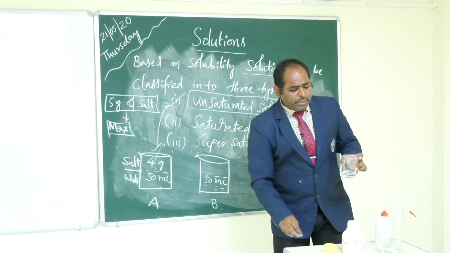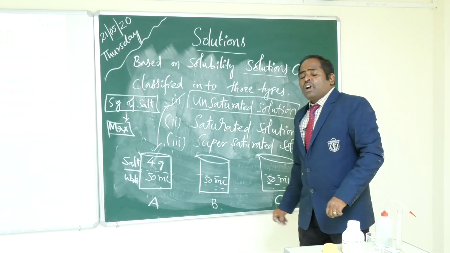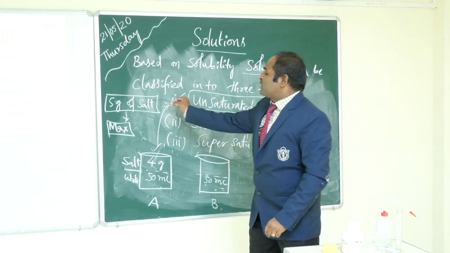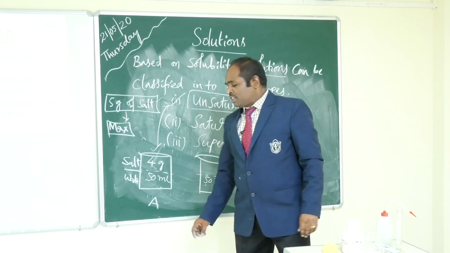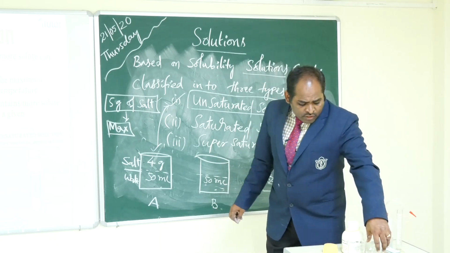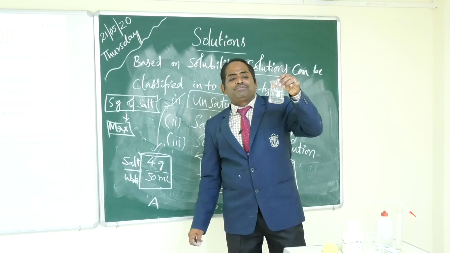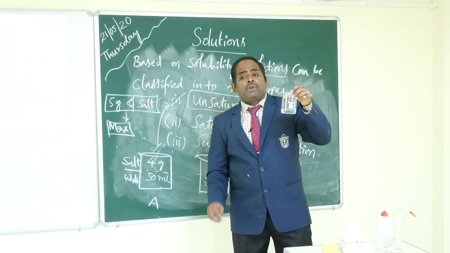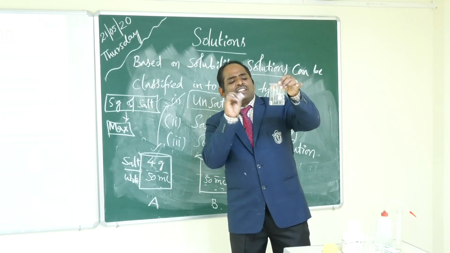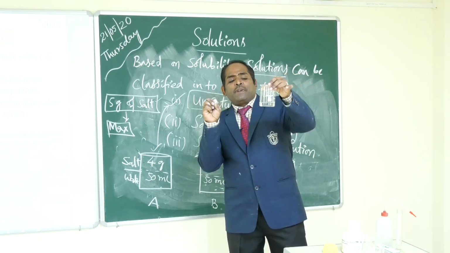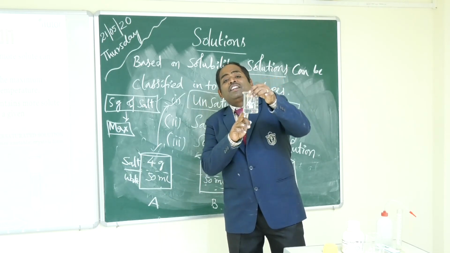When you come to the next beaker, B, I told you the maximum amount of salt you can add is 5 grams. With the help of a weighing machine, we have added exactly 5 grams in beaker B. I don't have the weighing machine now, but exactly what happened is that wherever space is present between the water molecules, all the space is occupied by the salt, the solute.